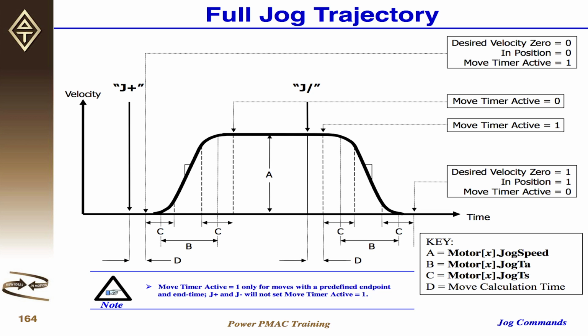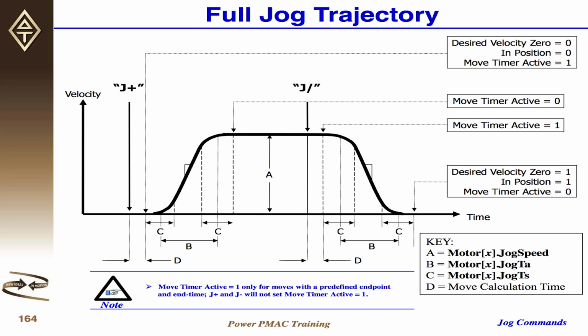It's not going to try to compensate for the fact that the instant you issue the J+, it's not already at the jog speed. It will account for the acceleration and the S-curve time in its jog, and it knows that it's not going to be exactly there, but it's as good as it can get physically, based on the parameters you entered. It will continue indefinitely with a J+ command until you issue another command that would stop the motor.